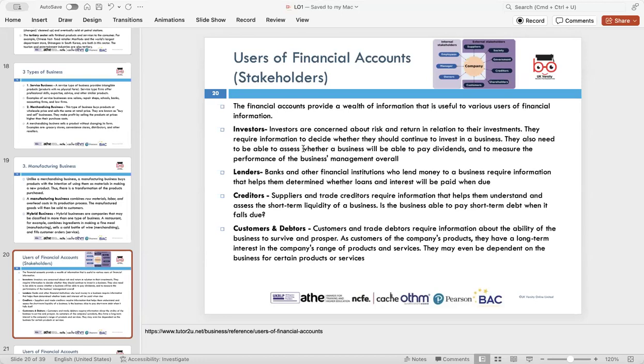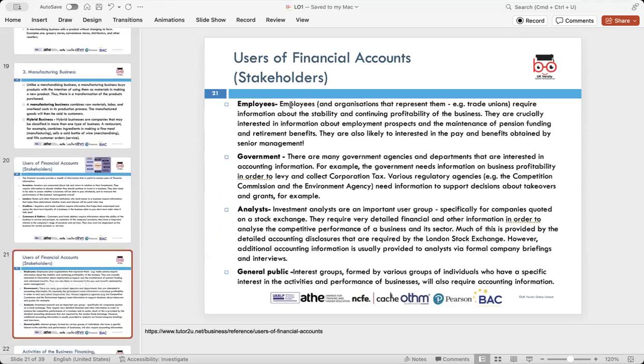Customers and trade debtors have a need for information regarding the capacity of the business to endure and thrive. The fact that they are clients of the company means that they have a long-term interest in the variety of products and services that the company offers. There is a possibility that they are financially reliant on the company for particular goods or services.